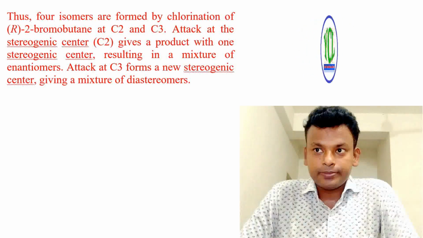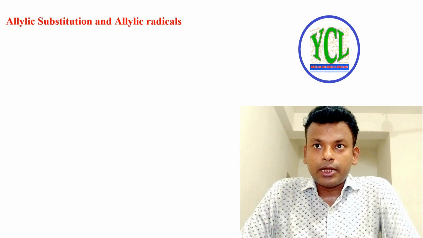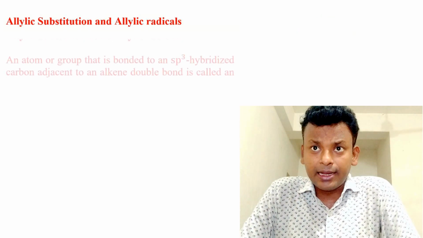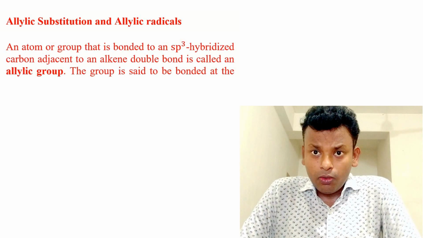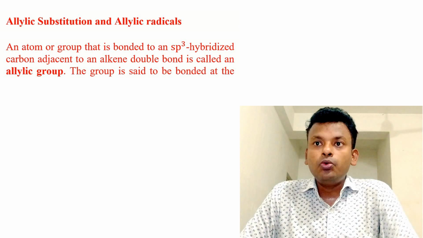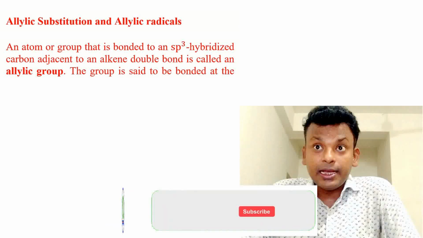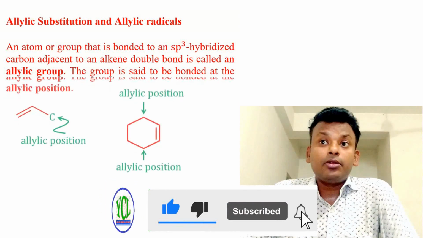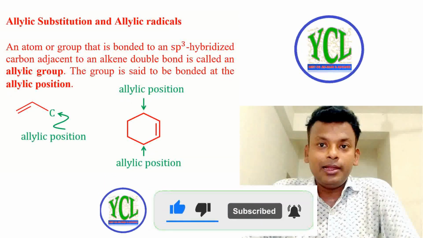So next, allylic substitution, or allylic radical. What is an allylic radical? We know that an atom or group that is bonded to an sp3 hybridized carbon adjacent to an alkene double bond is called an allylic group.